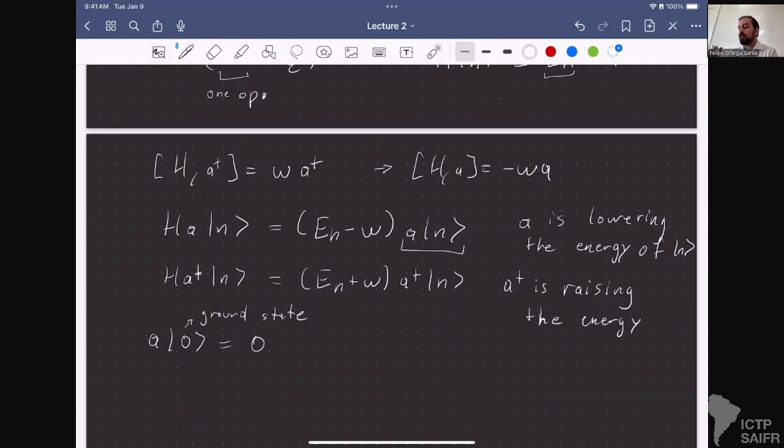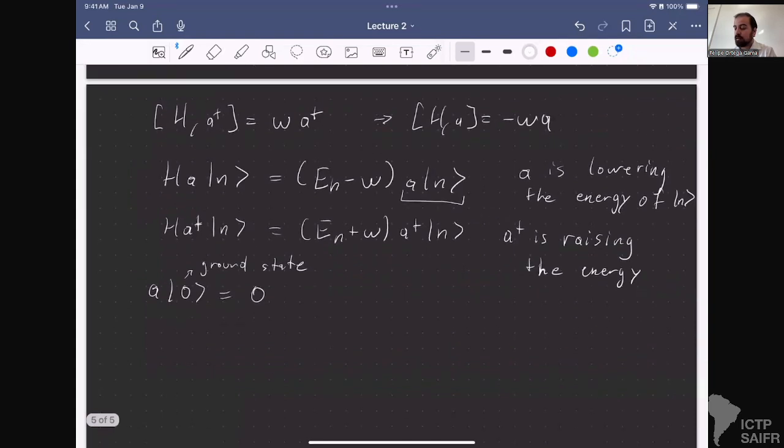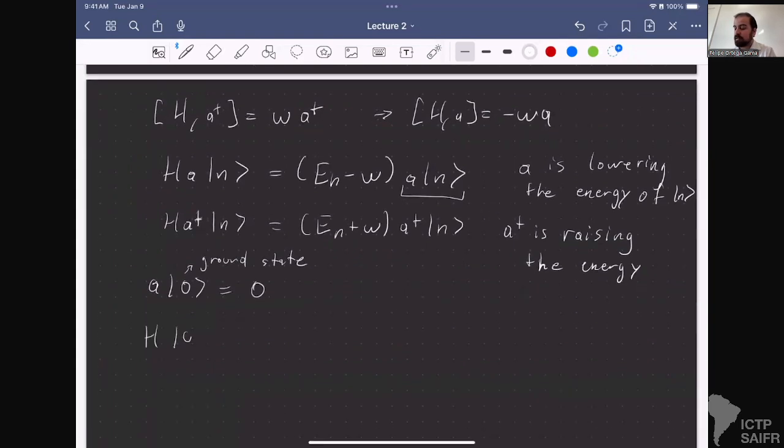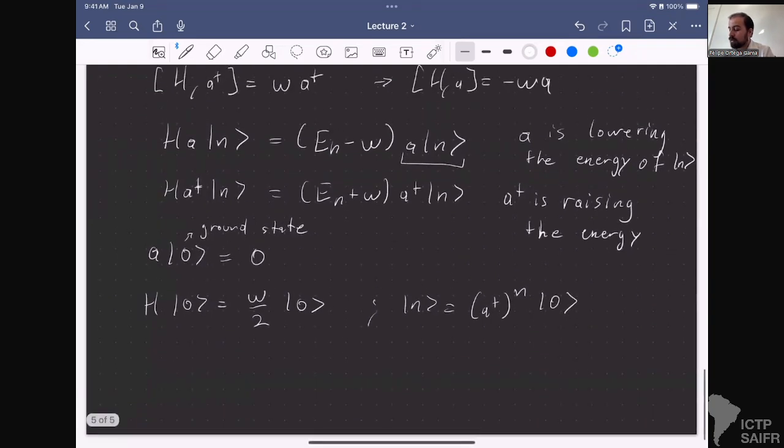And once you hit that state with your lowering operator, you should annihilate it. You can easily calculate the energy of this state to be omega over 2 from our Hamiltonian. And from there, you can find that if we define states n to be the raising operator applied n times on the ground state, then the energy of these states is going to be given by n plus 1/2 omega.